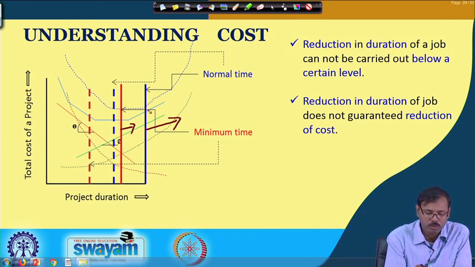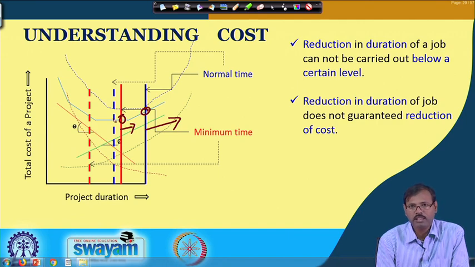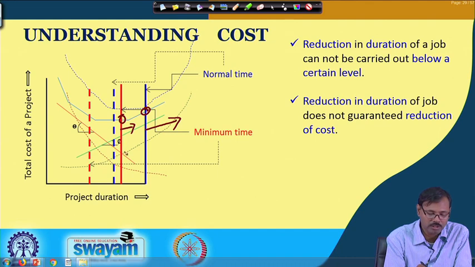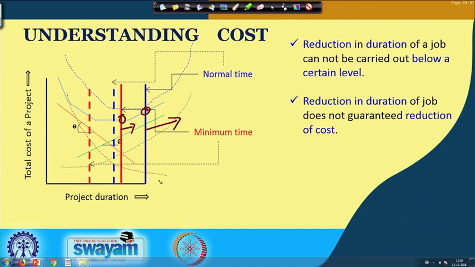Then you can see the total cost is coming from this place to this place, which means there is a reduction in the total cost. Though there is some increase in the direct cost and some change in the indirect cost, despite that our total cost is reduced by going from the normal time to the minimum time. So, the total cost is reduced and that is why it is financially acceptable.